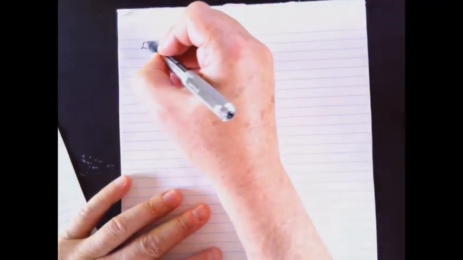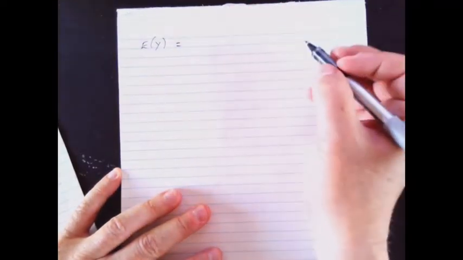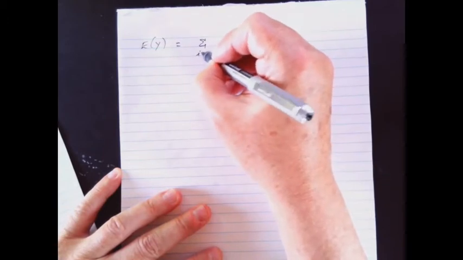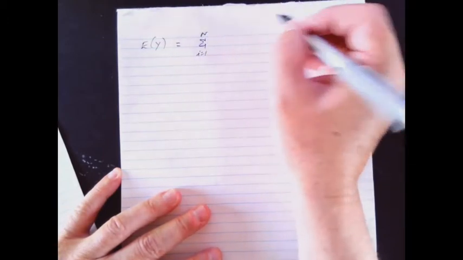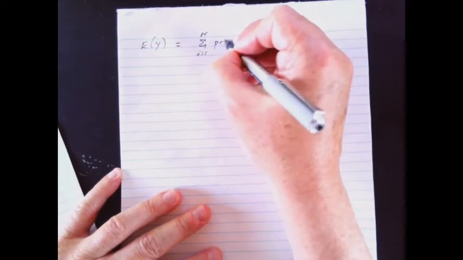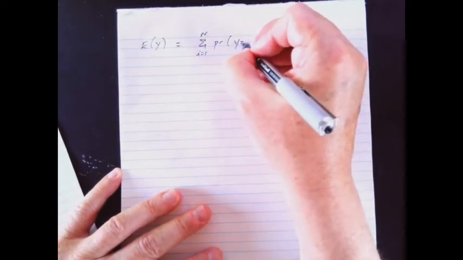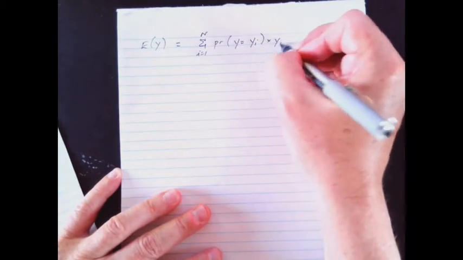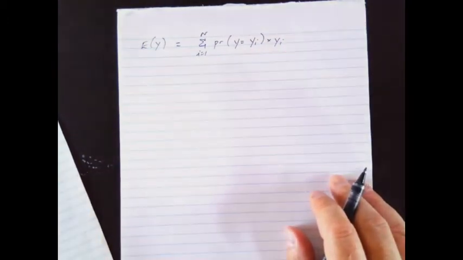Now what we want to do is generalize the concept of expected value. So our notation is we're going to refer to the expected value of y equals the sum from i equals 1 to n, our sample size, of the probability that y equals yi times that value, yi.